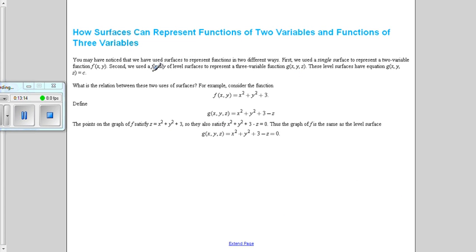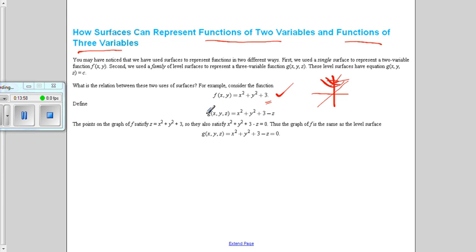Okay, so now let's try to connect these two. The idea of a function of 2 variables and a function of 3 variables. So the idea being, let's go down to if we have a 2-variable system, f of x, y equals x squared plus y squared plus 3, we know from familiarity that this ends up being a 3-dimensional parabola that has been lifted up by 3.